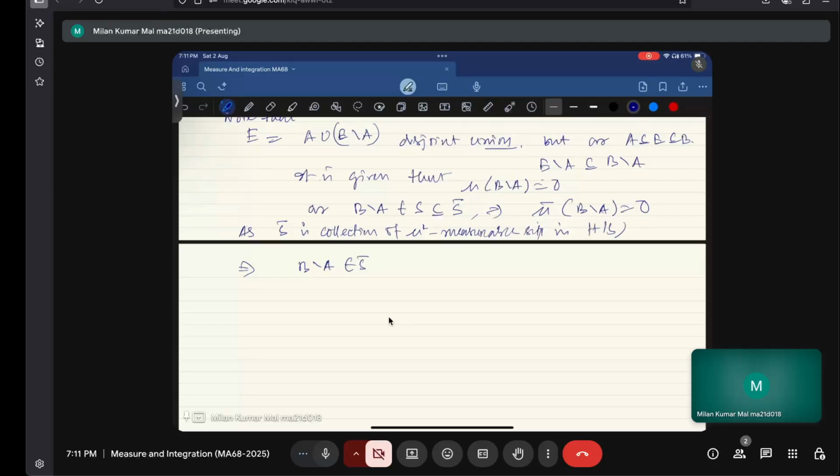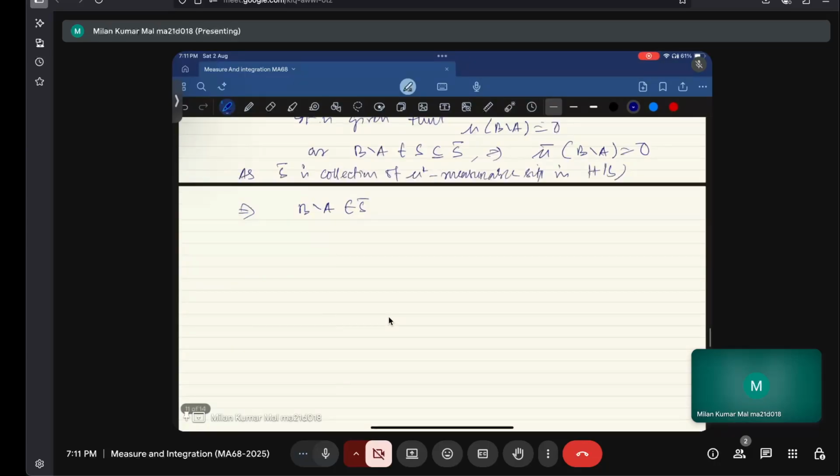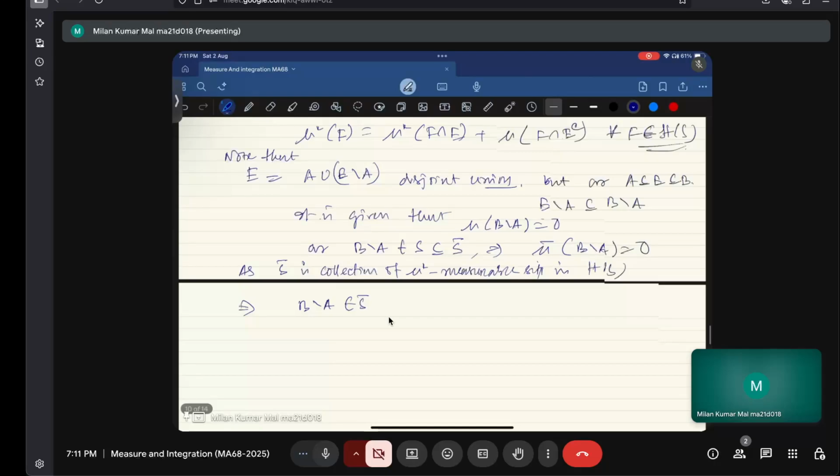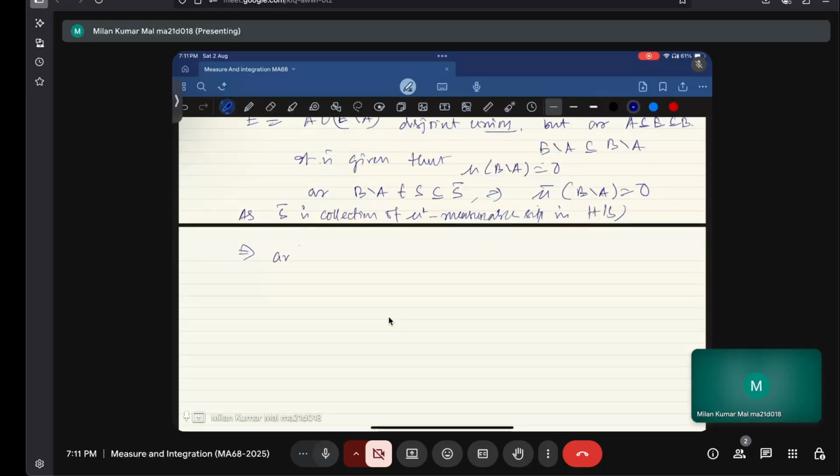Okay, I have to prove that E belongs to S closure. B minus A is in S closure, that implies any subset of B minus A is in S closure.